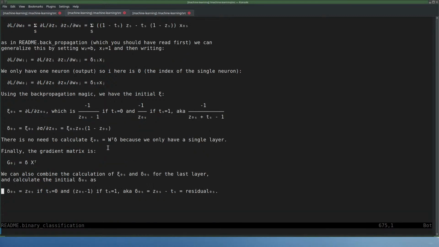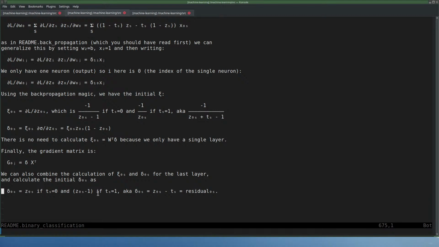And that depends on t. So if t equals 0, the delta is z if t equals 0. Why? Because then if t equals 0, you divide by 1 over 1 minus z, so this drops out and you just leave the z.